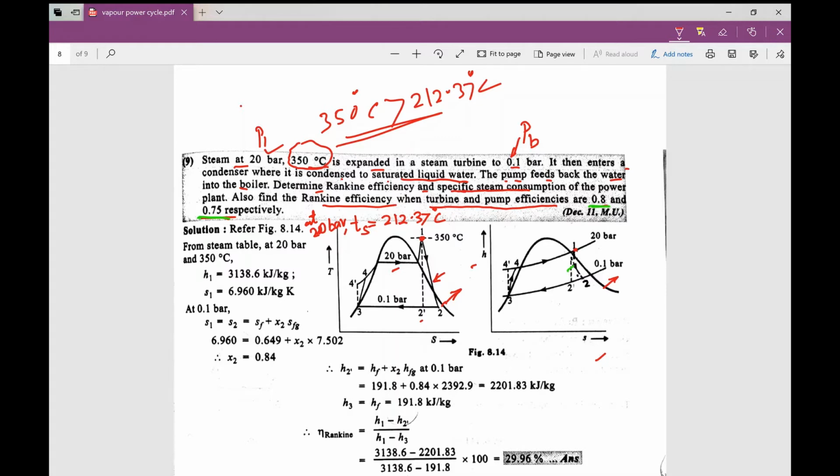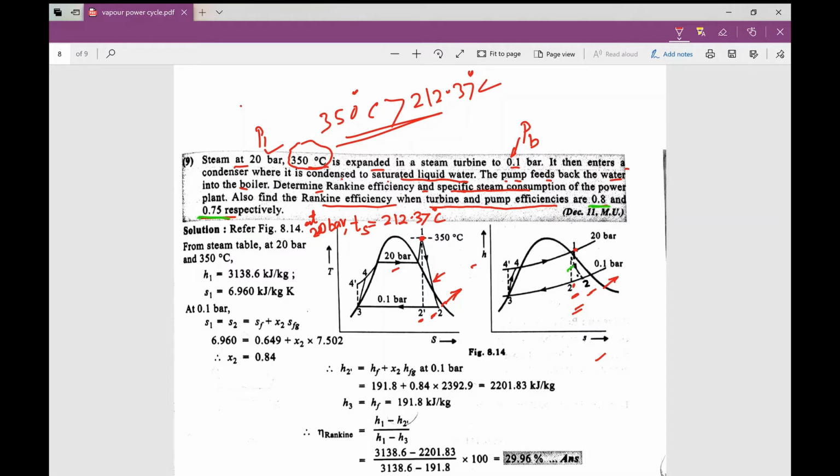And again I remind you that after expansion, whether isentropic or actual, both points should lie in the wet zone. Likewise on the HS diagram, this is your 2 dash and this is your 2, both points lying in the wet zone, right?